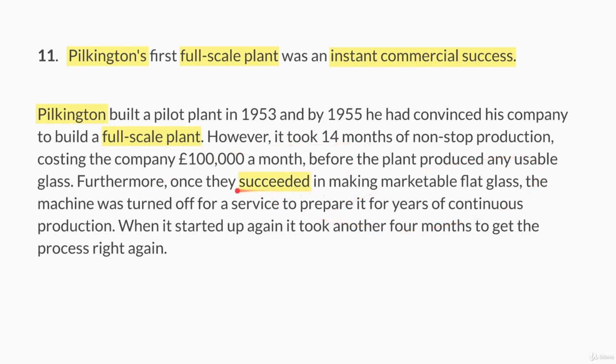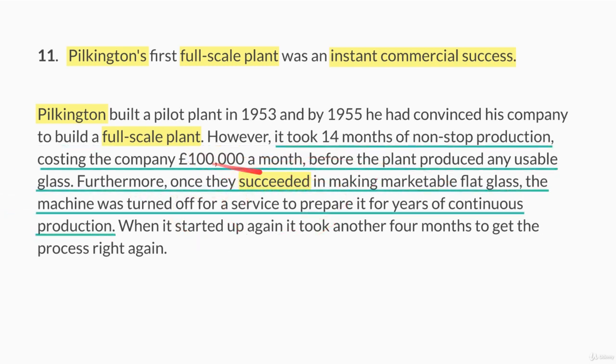We have found something about success, something about succeeding, and that was one of our keywords in the question. We wanted to know if Pilkington's first full-scale plant was an instant success or not. So we're probably going to find information about that in this sentence right here. So I'm going to underline it because I think that I'm going to find my answer somewhere around here. So this is going to be our matching sentence.